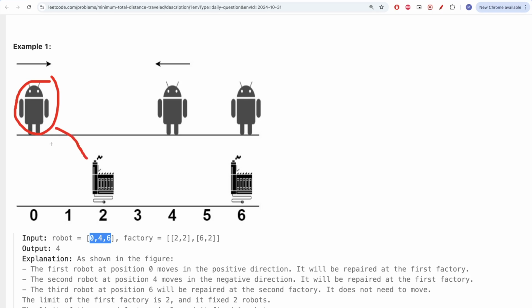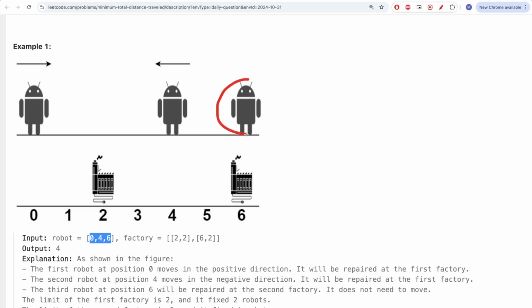So either this one, or if there was one before it, but it never makes sense to skip this one to go to the next one. That never makes sense, because that will only increase the distance, unless of course this one no longer has capacity. But it always makes sense to assign it to the closest one that has capacity, right?